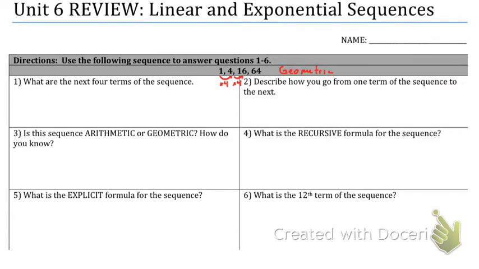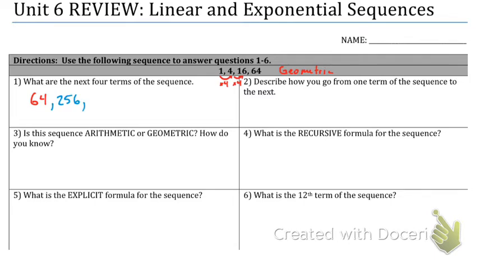With your trusty calculator, I'm going to start at 64, because it's my last term here. I'll write the next 4 terms in blue. All we're going to do is take our calculator and multiply by 4. So 64 times 4 gives me 256.